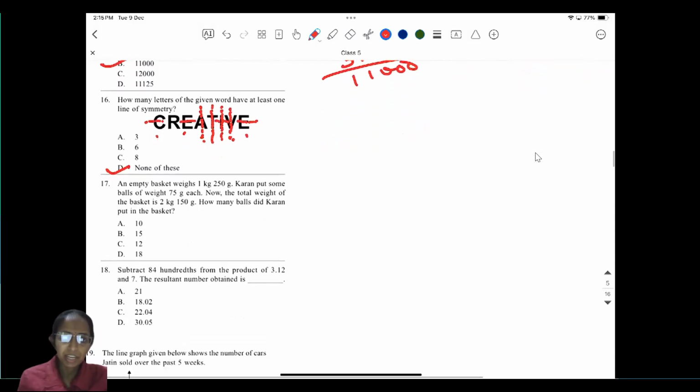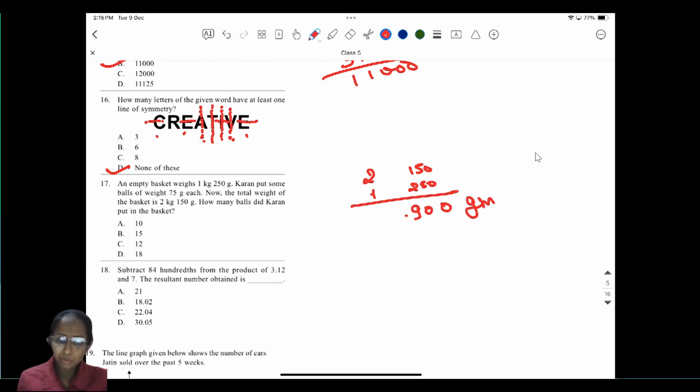Now, next one. An empty basket weighs 1 kg 250 grams, and Karan put some balls of weight 75 grams each. Now, the total weight is 2 kg 150 grams. So first of all, we need to find the weight increased, that is 2 kg 150 grams minus 1 kg 250 grams, which will be 900 grams.